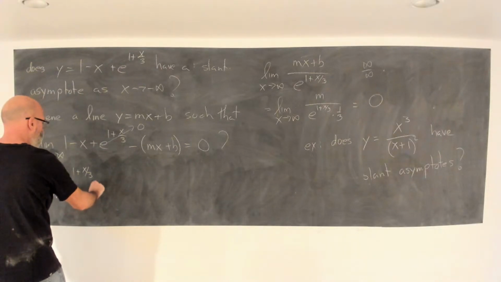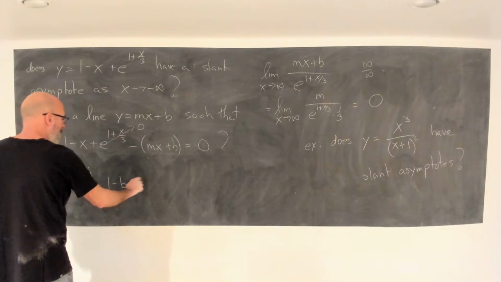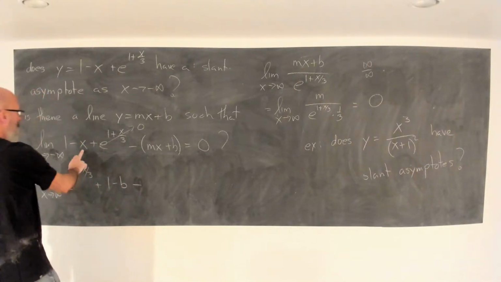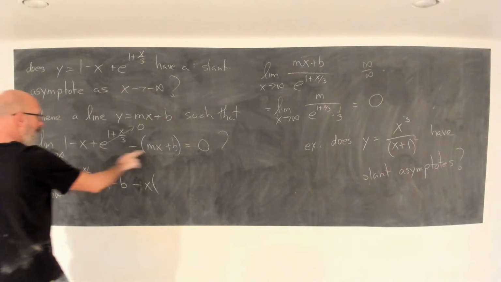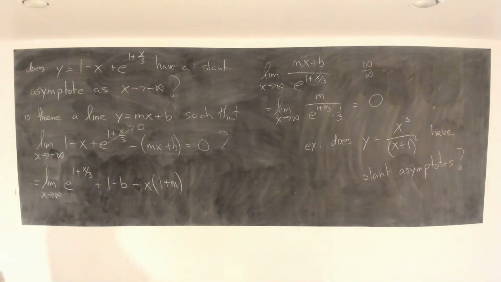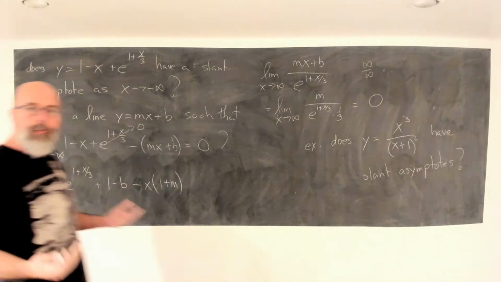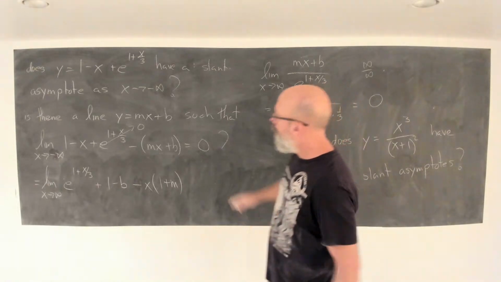This is going to be 1 minus b, and minus, if I factor out a minus x, I get a 1 plus m. So we're just doing it from the definition.